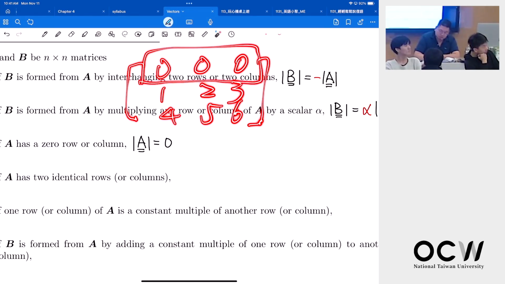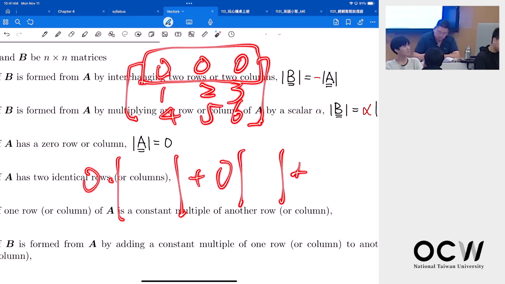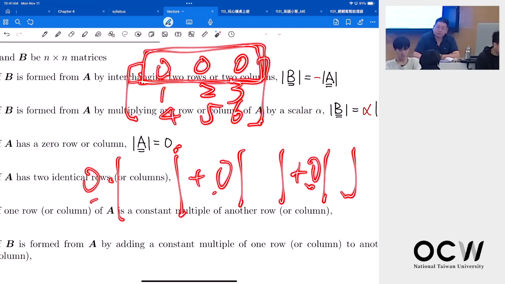Choose the first row, 0 times the minor determinant, 0 times minor determinant, 0 times minor determinant, they are all zeros. Once you have a row of 0, then your determinant is 0 right away. Okay?